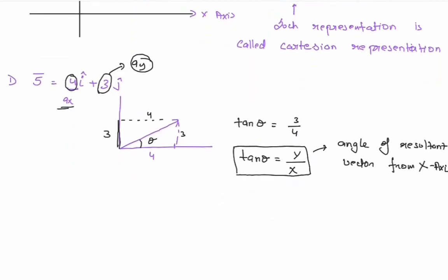Okay. Now take another example. Suppose the given vector is minus 5 i cap minus 5 root 2 j cap. Okay, how to draw it?